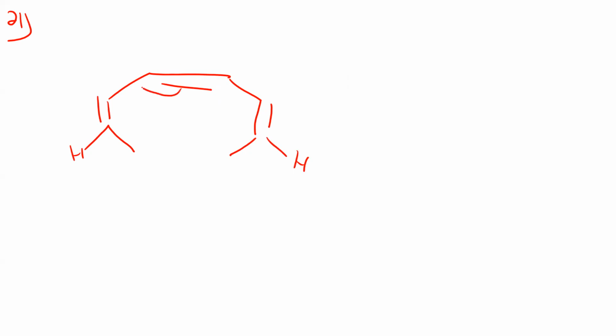So we'll start here. We come over here. We have it right here. So we broke that pi bond and we formed a sigma bond. Is that it? Okay, so then modify the structure to give the thermal products, and then we're going to give the photochemical products. So we'll give the thermal product here.